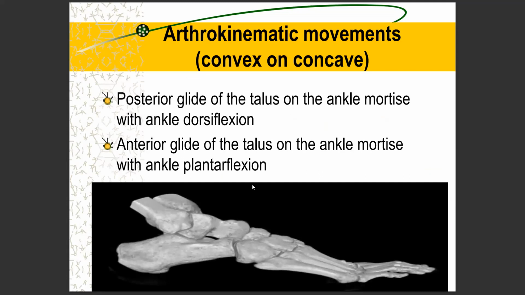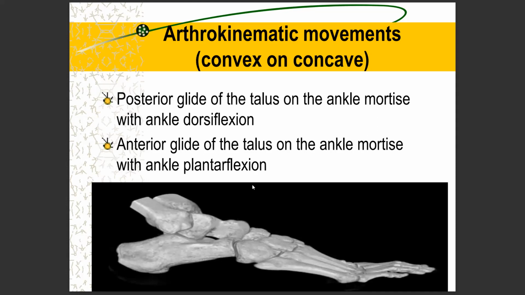If you talk about the arthrokinematic movements, which are obviously the convex and the concave, there is posterior gliding of the talus in the ankle mortise when there is ankle dorsiflexion, and it is very important to remember this.